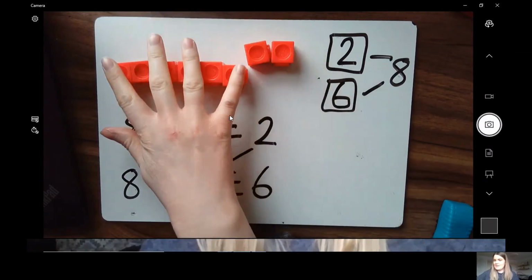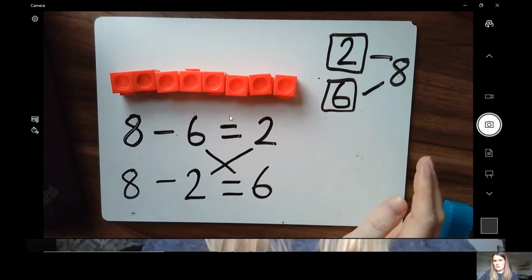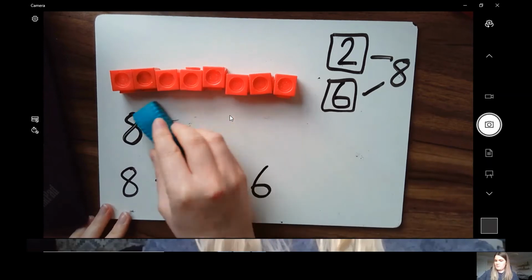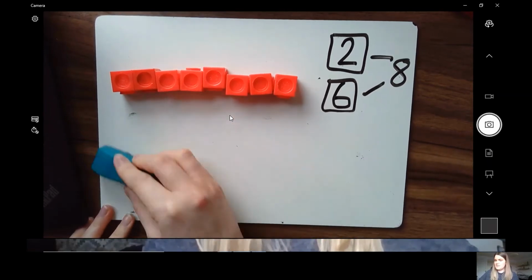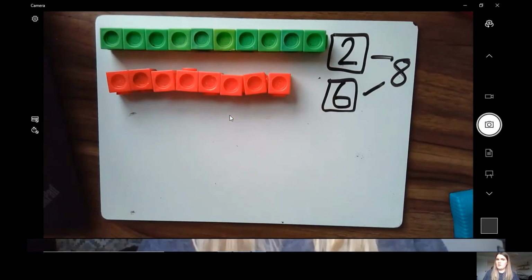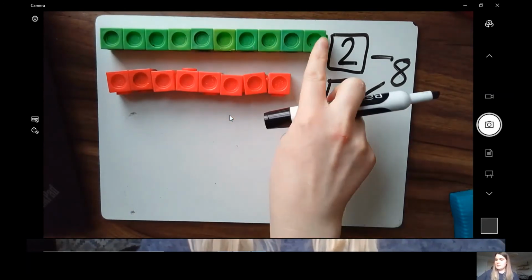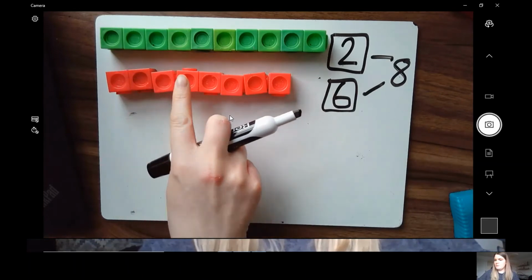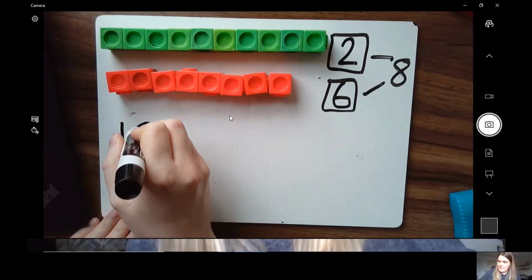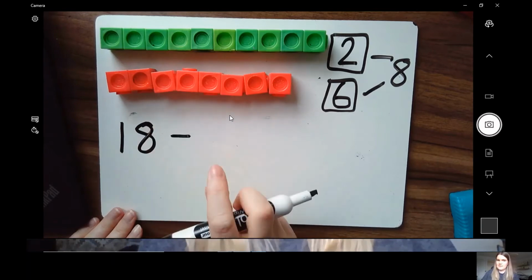And if I want to change my sum and do a harder number, I can still use this to help me. So I'm going to this time have this number. What number is this? Let's count. 10, 11, 12, 13, 14, 15, 16, 17, 18. 18 minus.